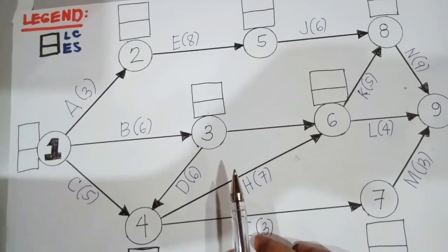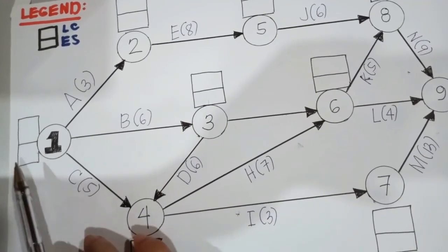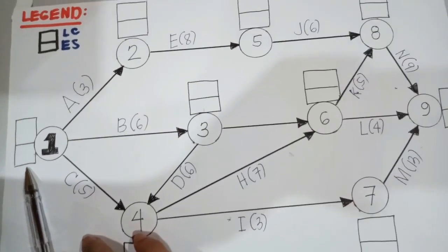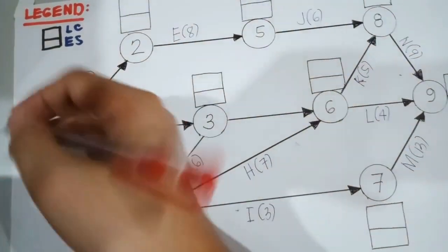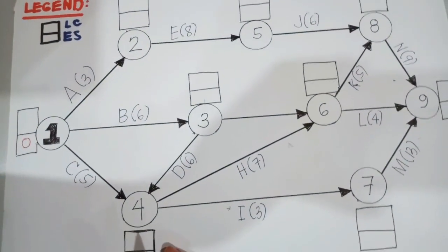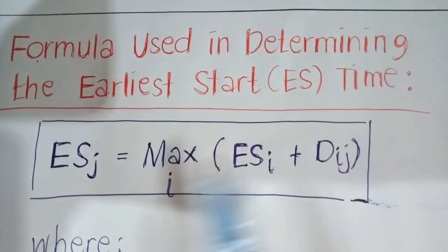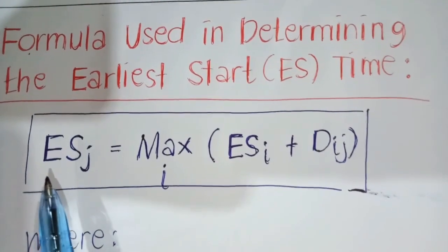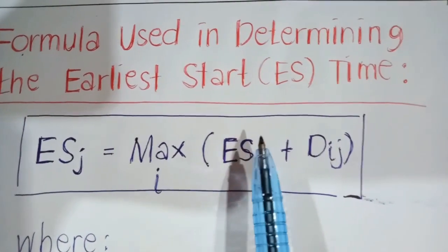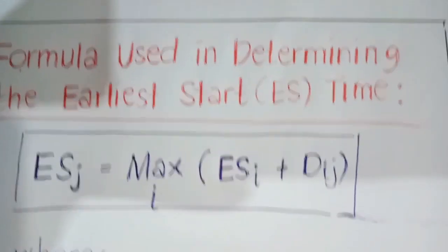Going back to our network diagram, take note that the earliest start time of the first node is always 0. So we will indicate 0 right here. Going back to our formula, the earliest start time equals the maximum of the earliest start time of the starting activity plus the duration.